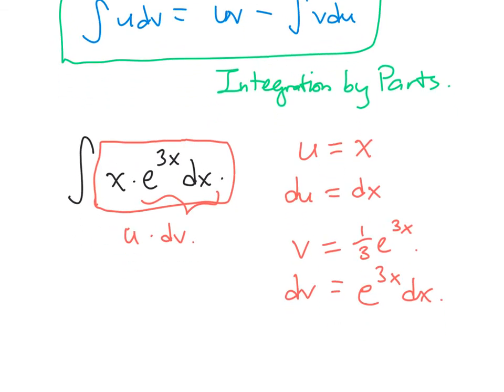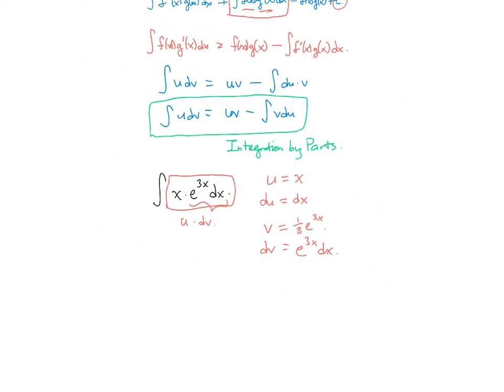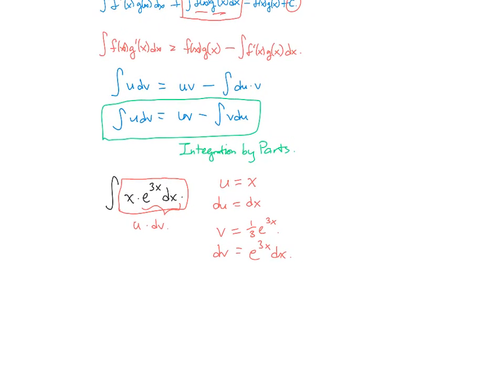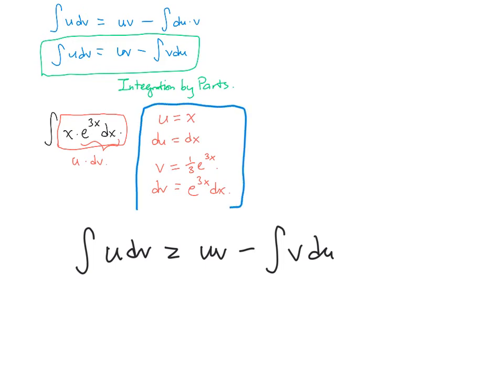Anyway, if I use the integration by parts formula on this, I'm going to shrink this a little bit so that we can see what we're doing here. There we go. So if I use the integration by parts formula, I get the integral of u dv equals uv minus the integral of v du. And now I'm just going to pull in all of these things over here and see what that tells me in this particular case.